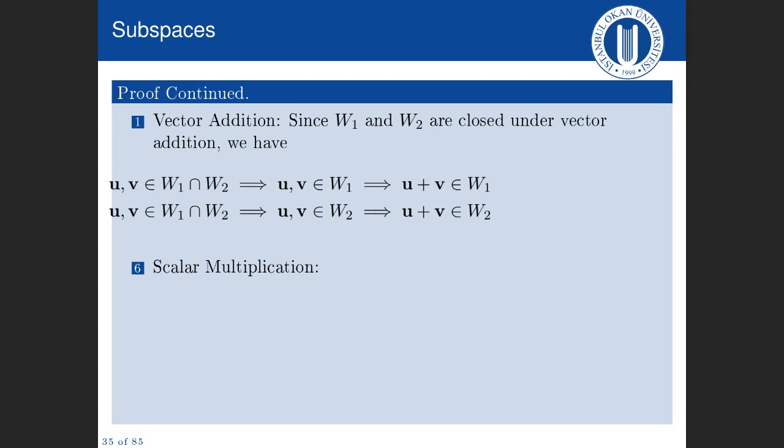Because W2 is closed under vector addition, we can add them together and we're still in W2. But that then implies that U plus V is in W1 intersection W2. Another typo which I shall fix later.